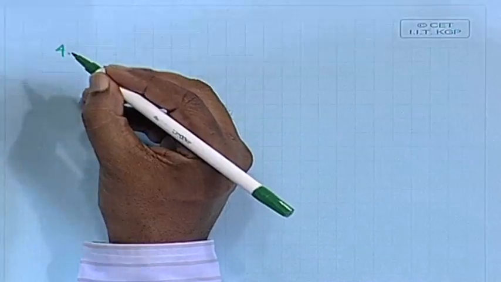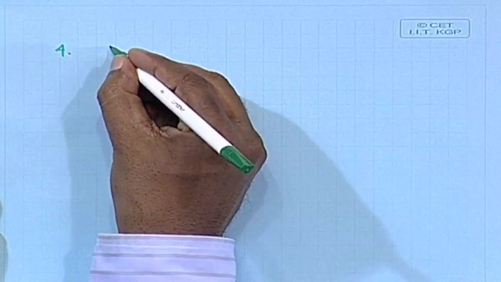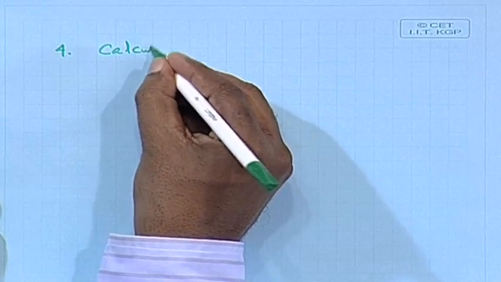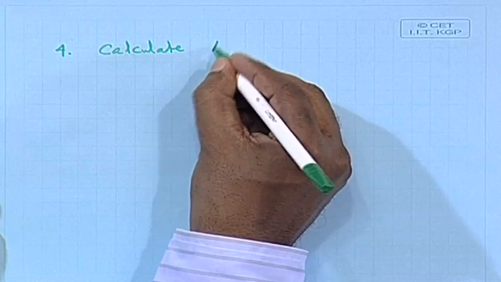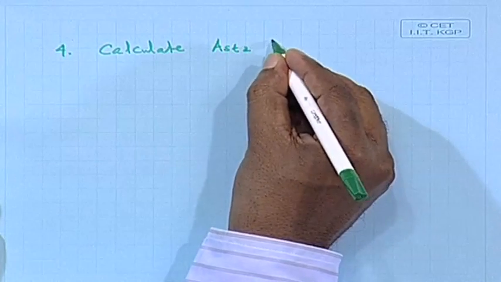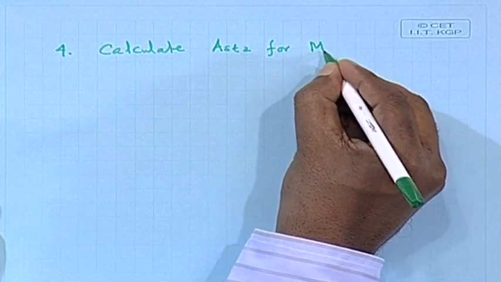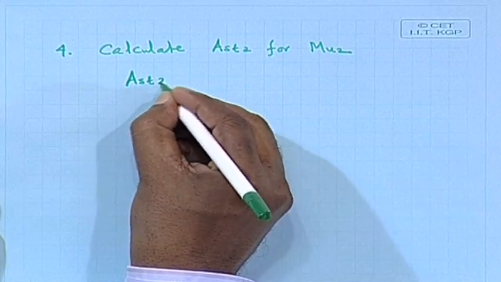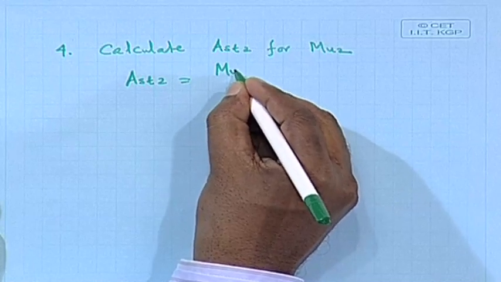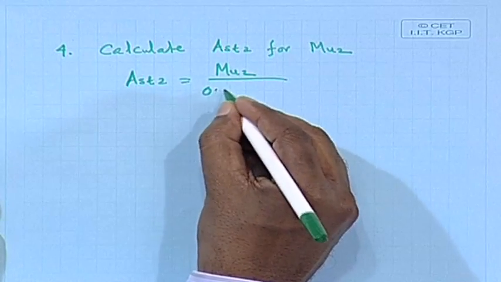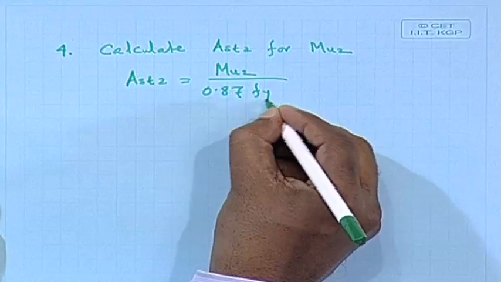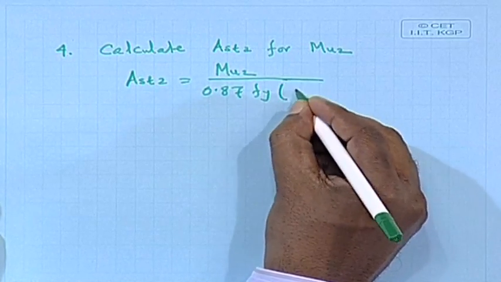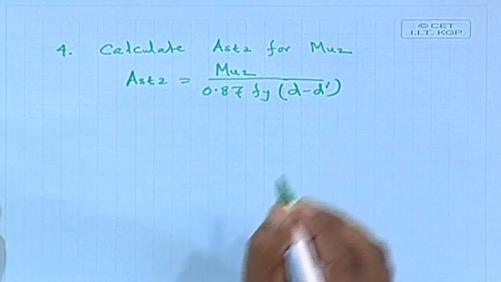Number 4, calculate AST2 for Mu2. AST2 equal to Mu2 divided by 0.87 Fy and the lever arm d minus d dash.